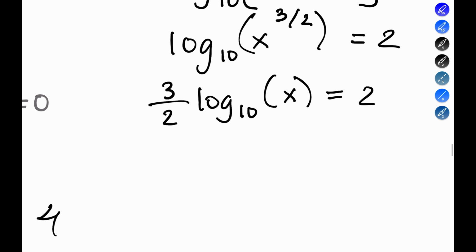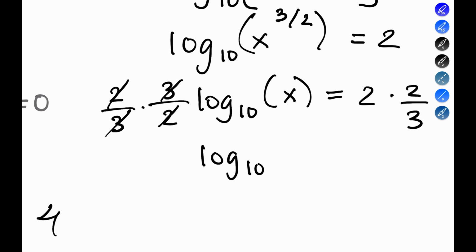Then we could multiply both sides by 2 over 3. These will cancel out. And we will get log base 10 of x is equal to 4 over 3.